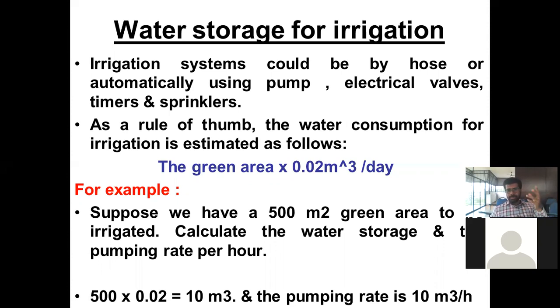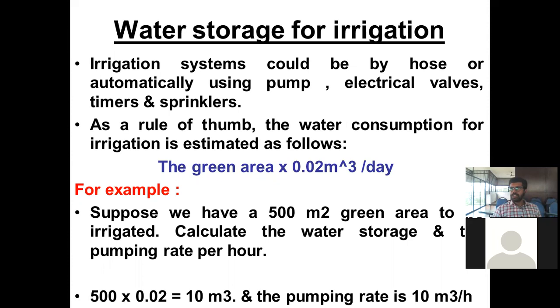We will be setting timings. For 10 minutes one sprinkler will run, then it will stop, and after 10 minutes the other sprinkler will start. Depending upon the need or demand, we can have timings, and depending upon the timing, the sprinkler will work.